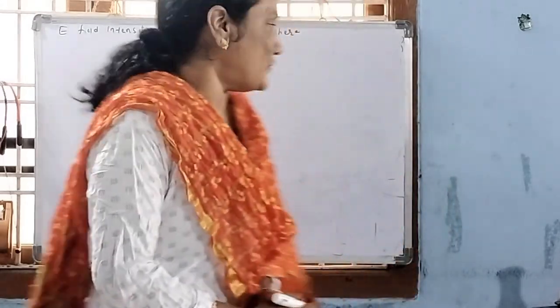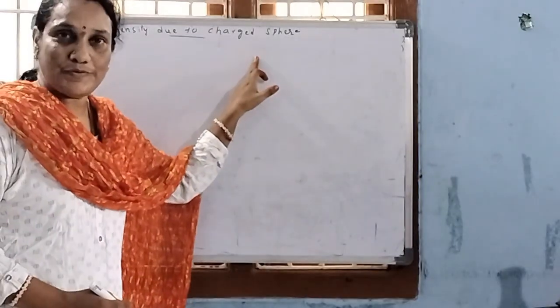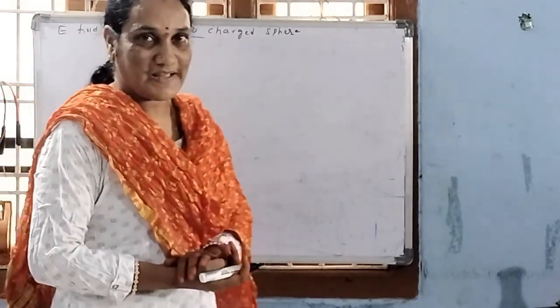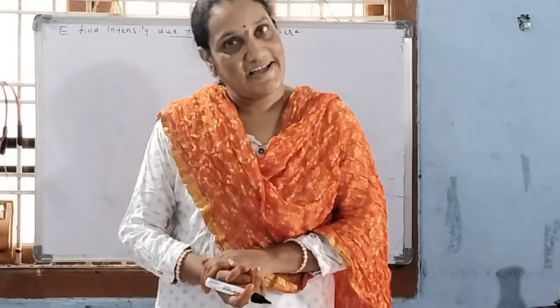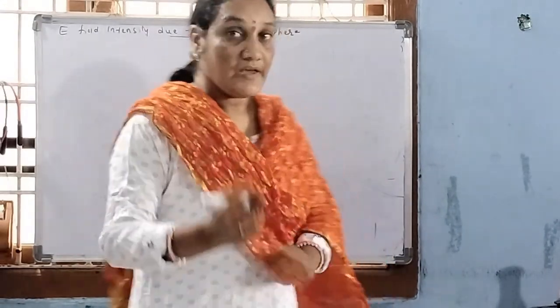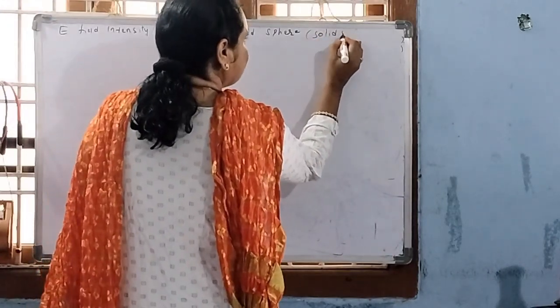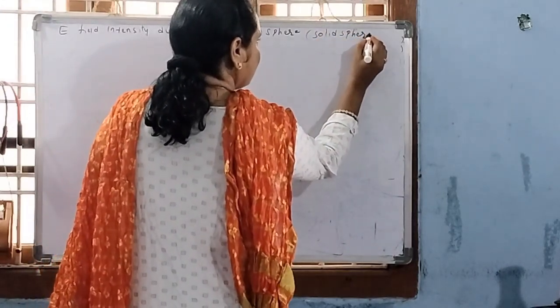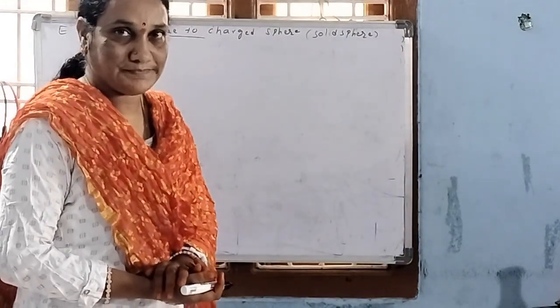Now in this video, let us discuss the electric field intensity due to a charged sphere. Spheres can be hollow or solid. Here we are talking about a solid sphere.